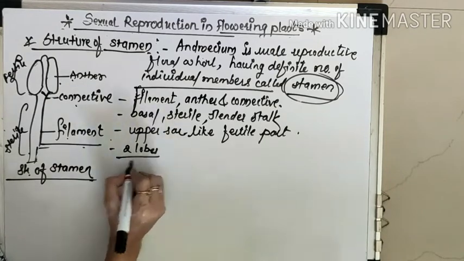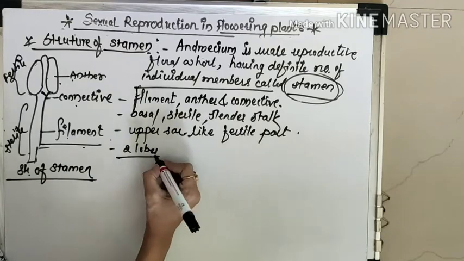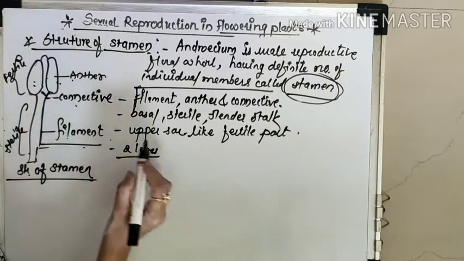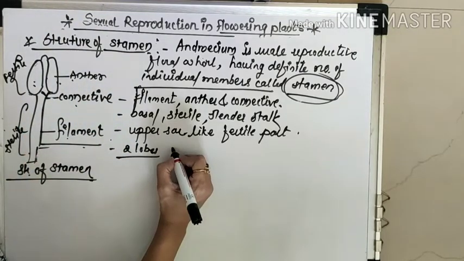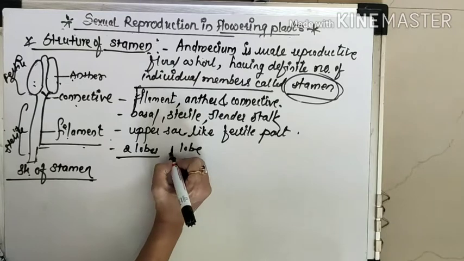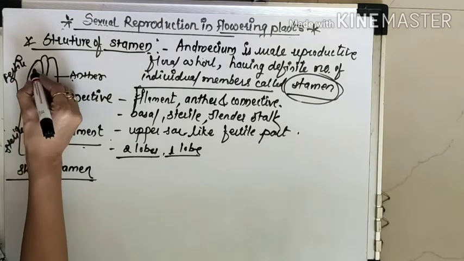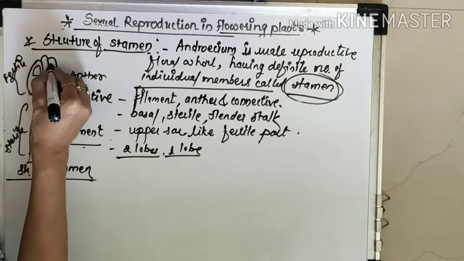Sometimes it contains one lobe, in some species of plants. So generally the anther consists of two lobes, but sometimes one lobe. And each anther lobe has two pollen sacs.